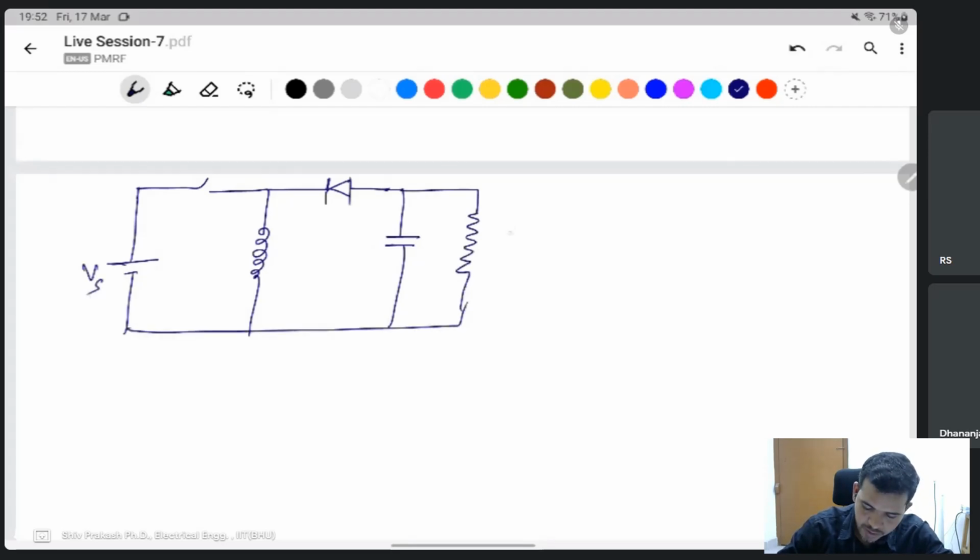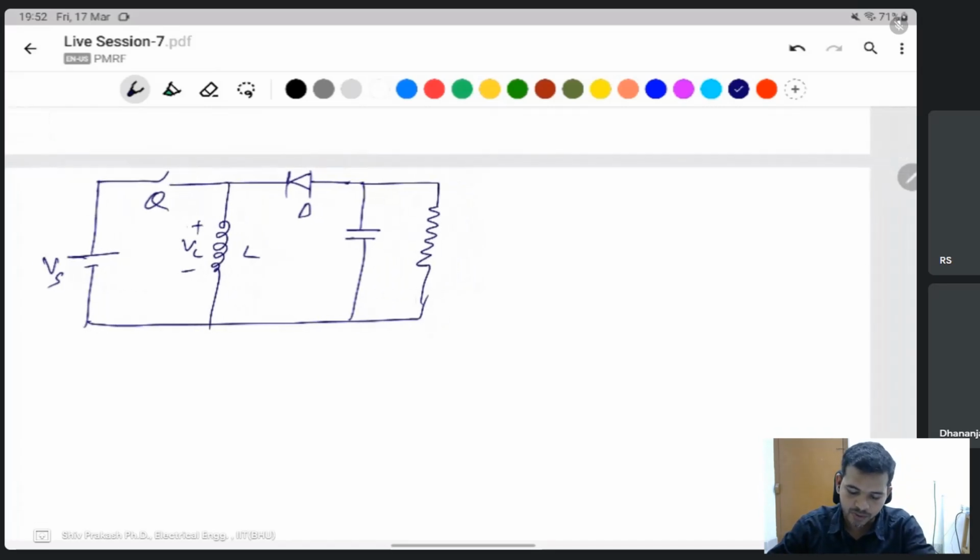So Bs, inductor current, inductor, so B Q D. Depending on the symbol, we take this one difference.